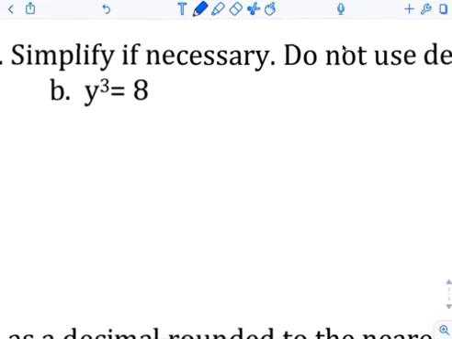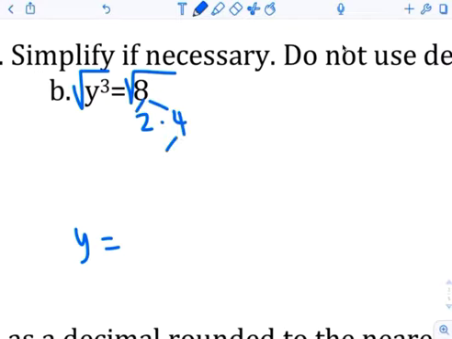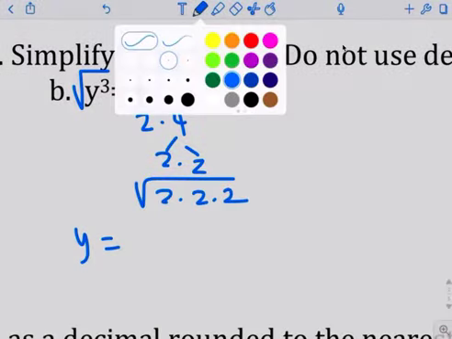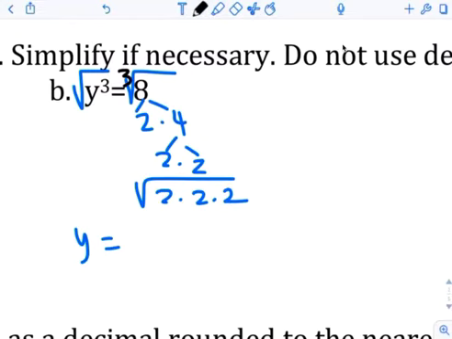Cube root. Okay, that means y equals 2 times 4. 2 times 2, so that is 2 times 2 times 2 cube root. Because it's cube root, we're taking 3. So it's just 2 with nothing left.